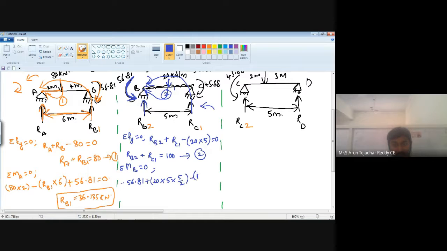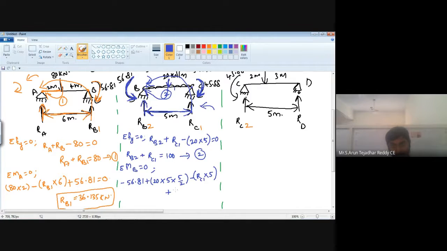We can write it as RC1 into, what about the perpendicular distance from point C to point B? That is 5 meter. Next, one moment is acting, that is moving in clockwise direction. See, your moment is moving clockwise direction.